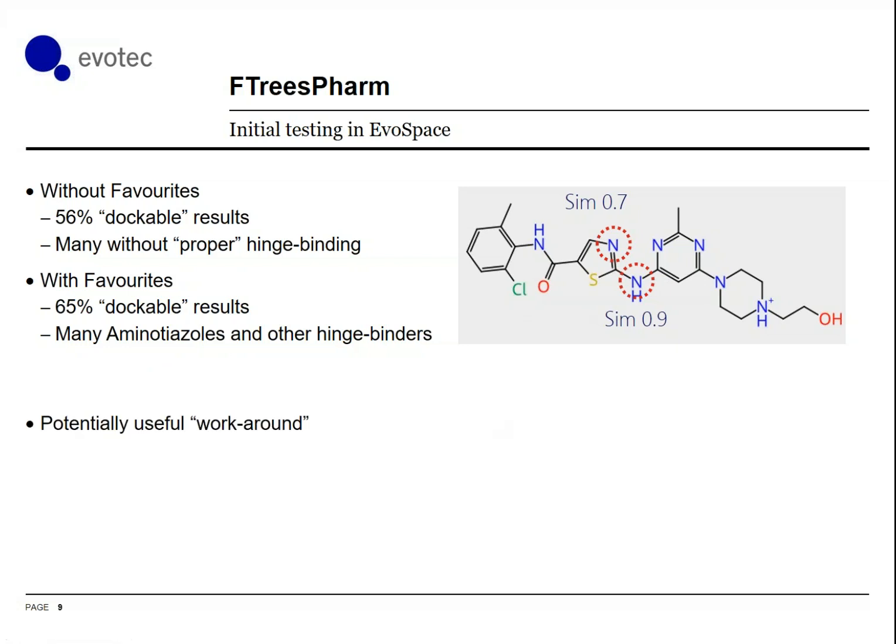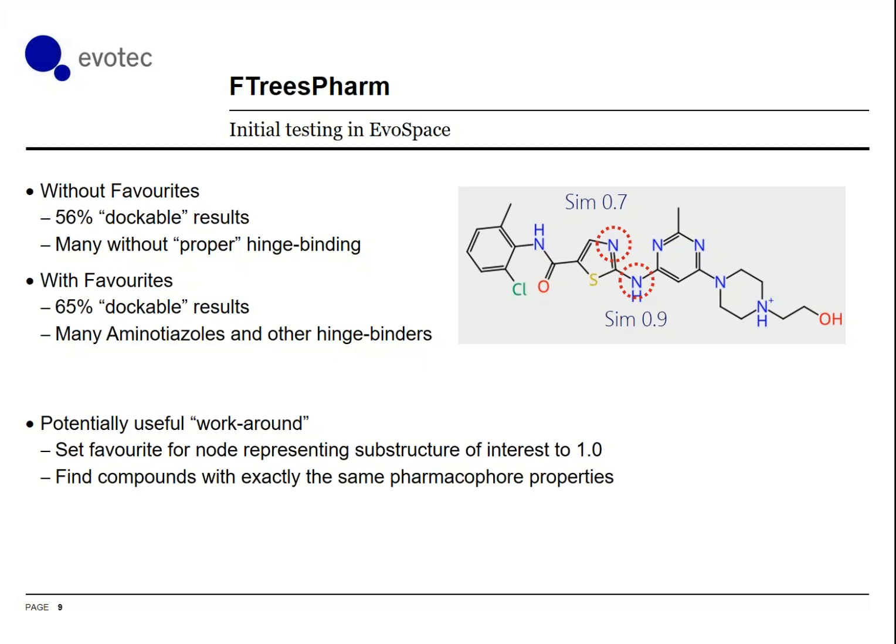And last but not least, I want to mention that since a lot of people have asked us whether with this search method they could also do substructure searching, while this is not the typical thing you will do with feature tree searching, with the favorites feature, you can set the minimum similarity of the substructure of interest to 1.0. Then you find only molecules that have a perfect pharmacophore match.